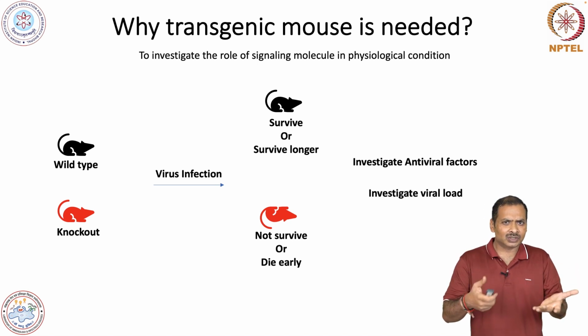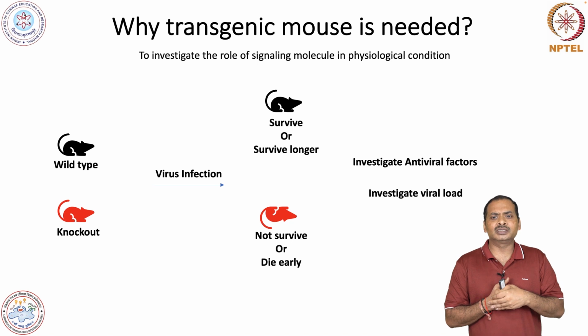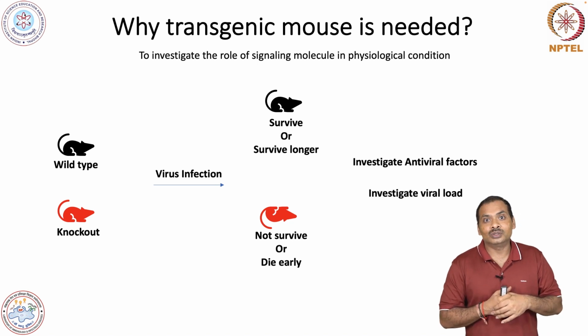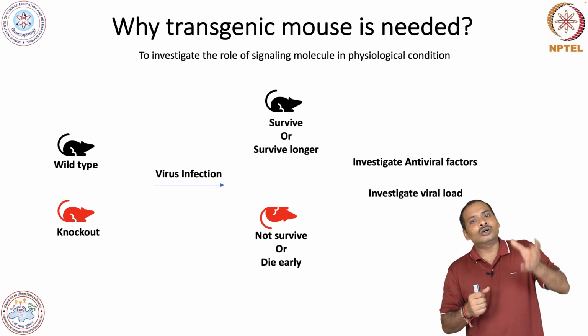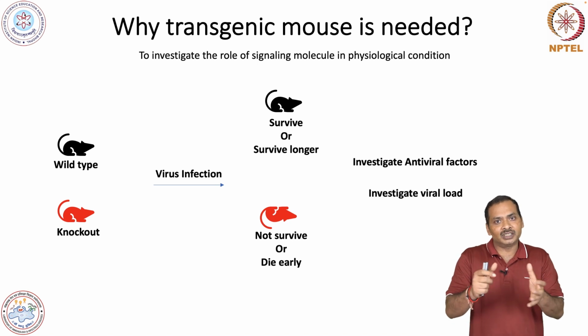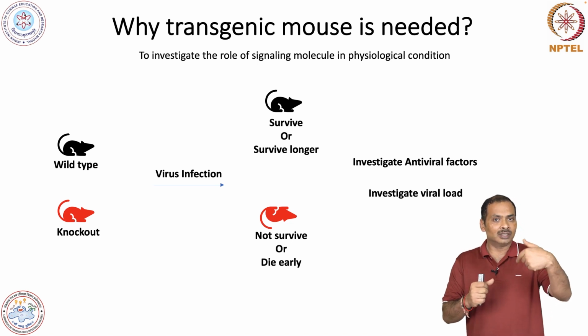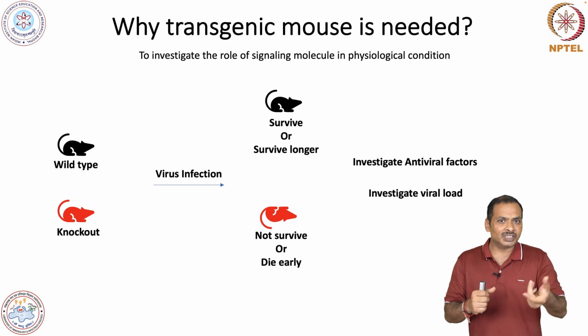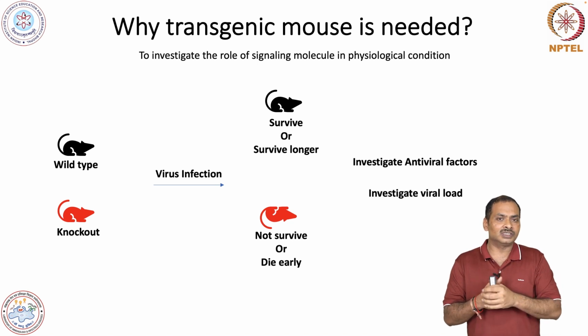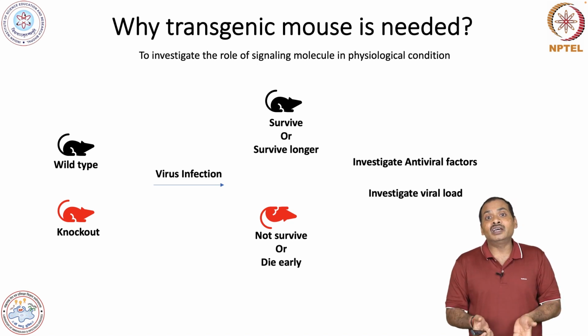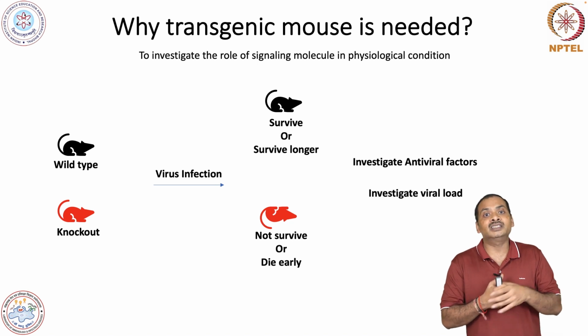Another experiment which people quite commonly use is to check the viral load. Since the knockout mice does not have an appropriate defense system, because of the mutation or non-functional gene, you will see that the viral load will be extremely high in that mice.